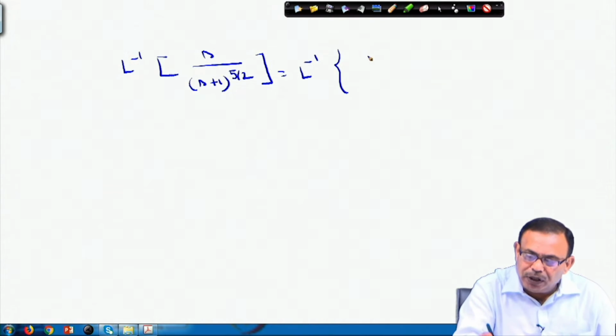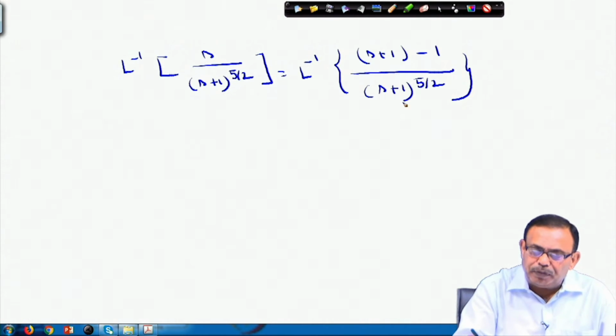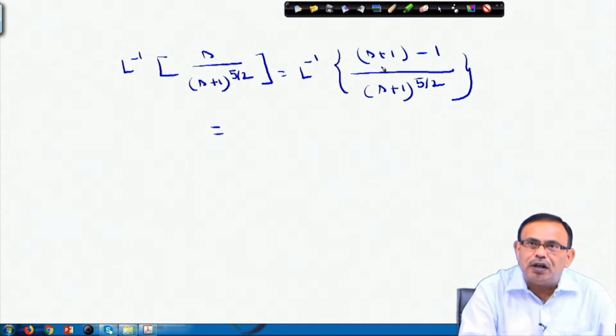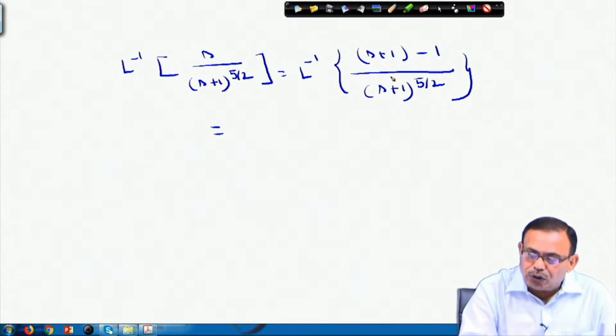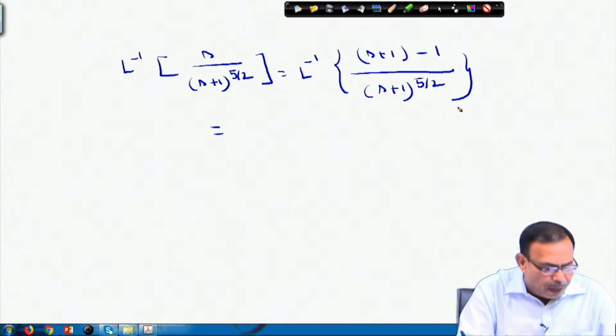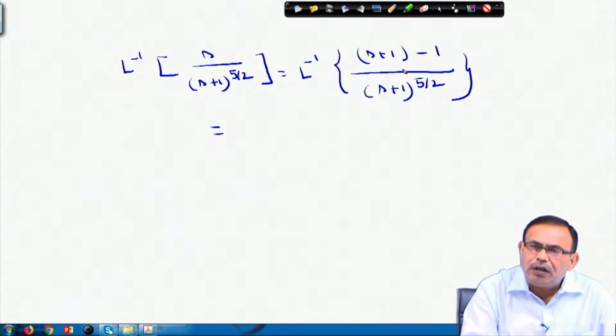So, obviously, I will try to make the numerator (s plus 1) minus 1, over (s plus 1) to the power 5 by 2, so that I can break it into two parts. So, s plus 1 is there, and here also (s plus 1) to the power 5 by 2 is there. If I write this directly, what can I write down?